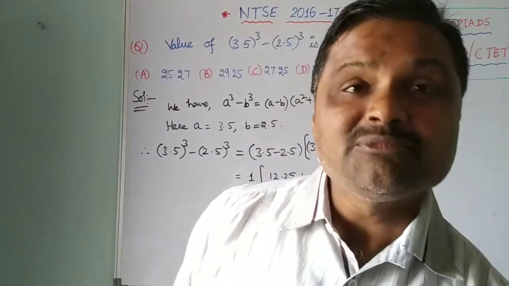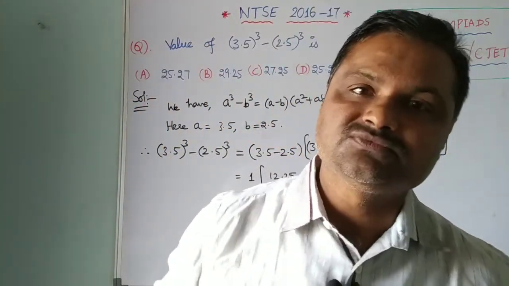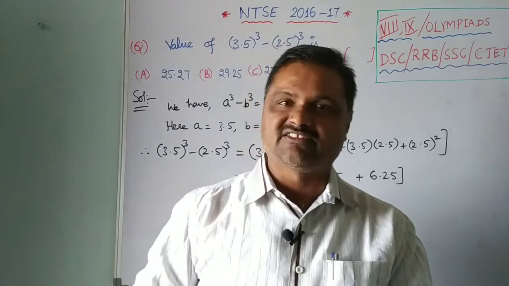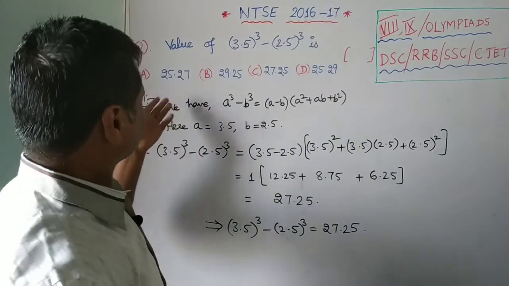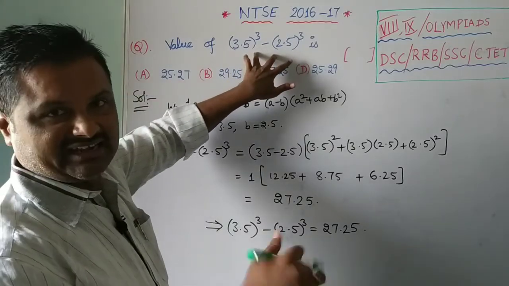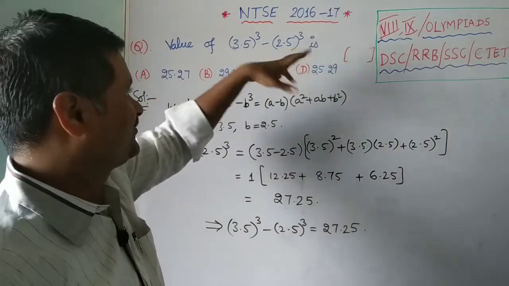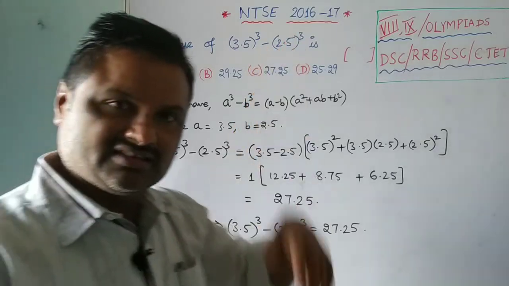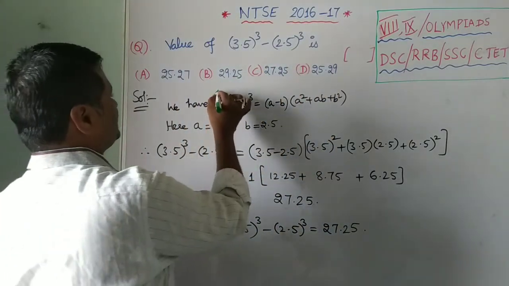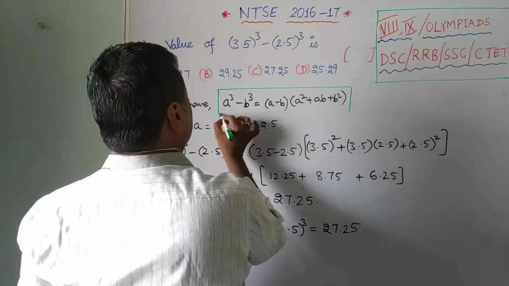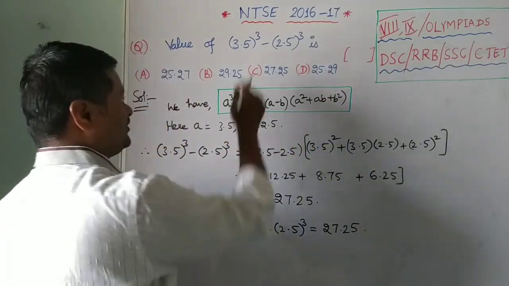This method plays a very important role for non-math students, even math students. Generally, cubing and taking the difference is a very tedious process because it includes decimals also. With the help of the algebraic identity a cube minus b cube, we can proceed.